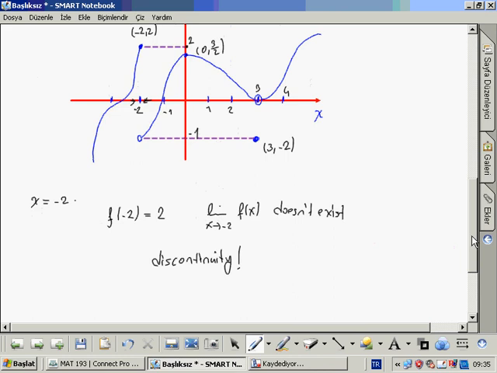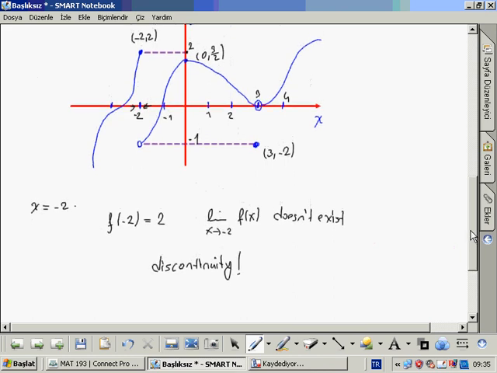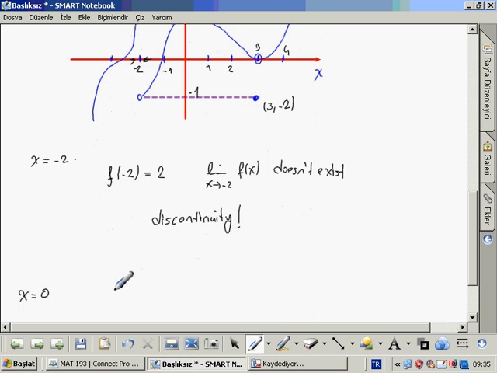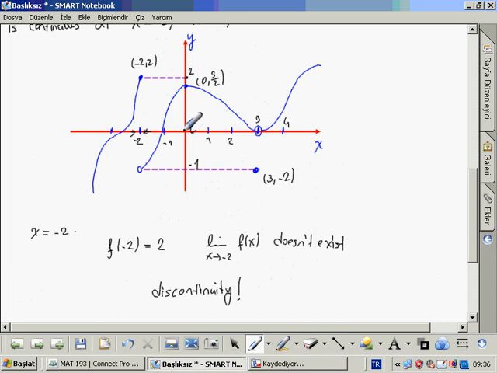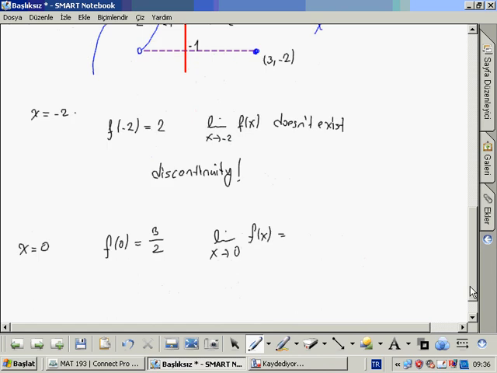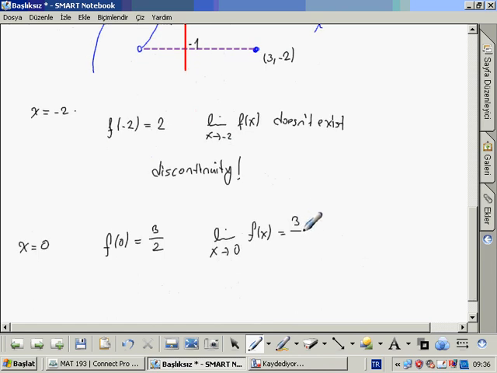I'm sorry, for this point f of 0 equals 3 over 2, right, and the limit as x approaches 0 of f of x equals, as you see, when you approach 0 from the right hand side and left hand side, you will obtain the same value, so your limit is 3 over 2.